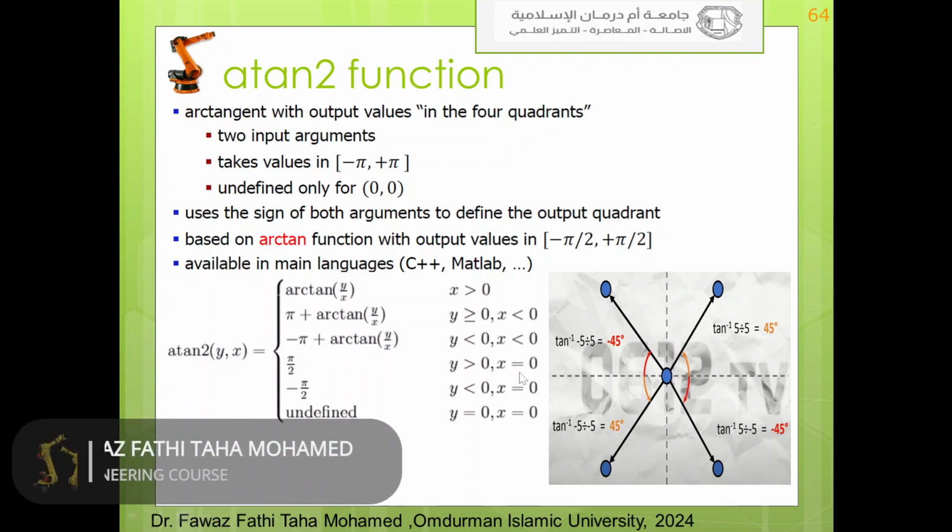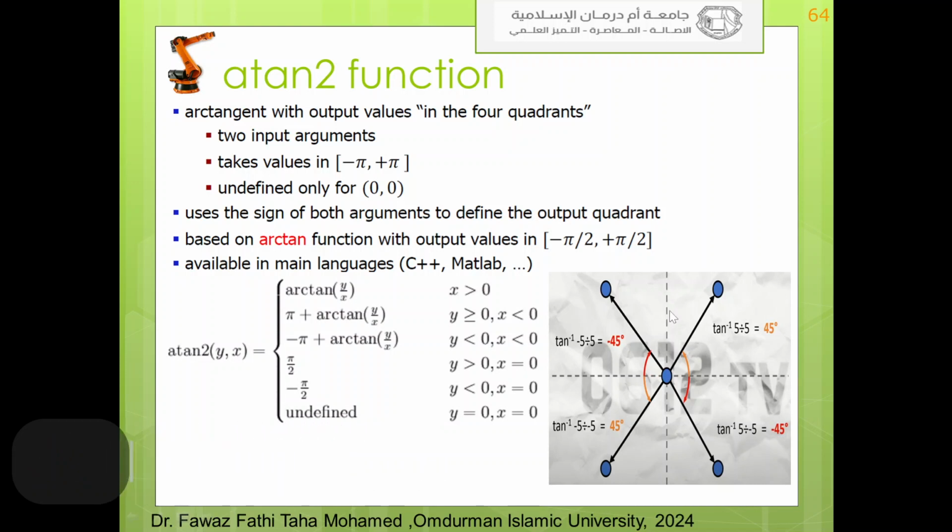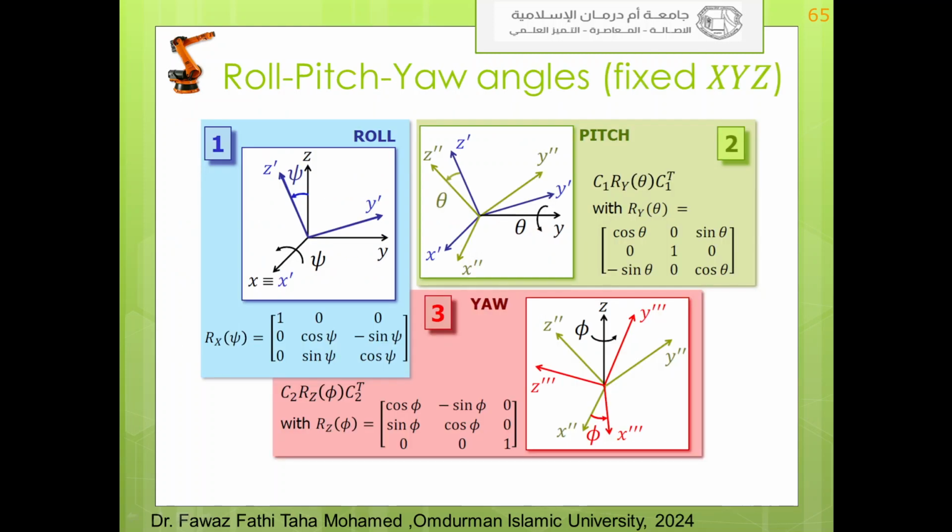In this case, x equals 0 but y is positive. Exactly, and in an easy way, this is equal to 90 degrees or pi over 2. If y is negative, the angle in this direction is equal to minus pi over 2. If x equals 0 and y equals 0, it is an undefined case.